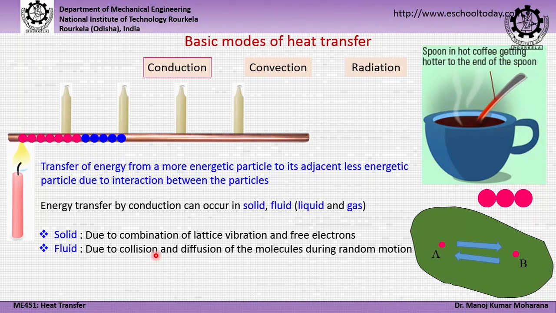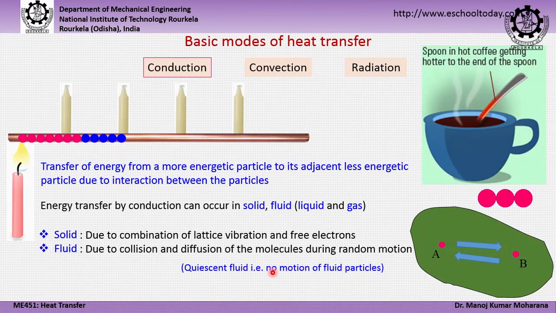So, the molecules collide with each other more frequently in gases compared to solids, and it will be an intermediate value in case of liquids. That is why whenever a high energetic particle collides with a low energetic particle, it will transfer some amount of energy.